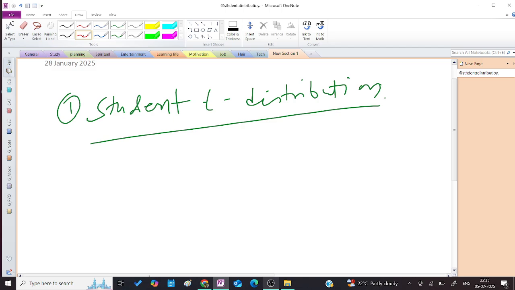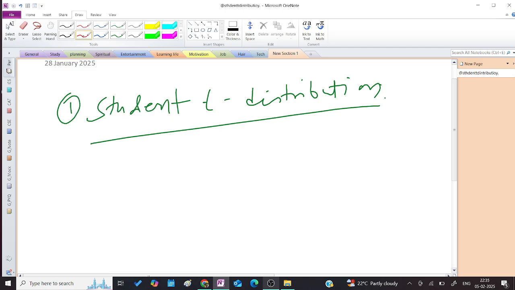If we see the Gaussian distribution, it mainly gets affected when there are outliers, but all the distributions which have a long tail or heavy tail are not affected, and the Student t distribution is one of the heavy tail distributions, right?